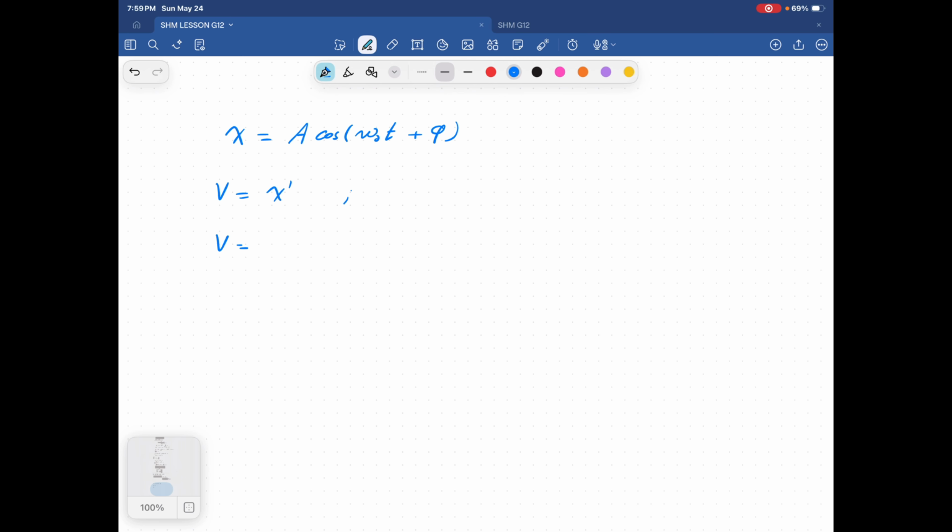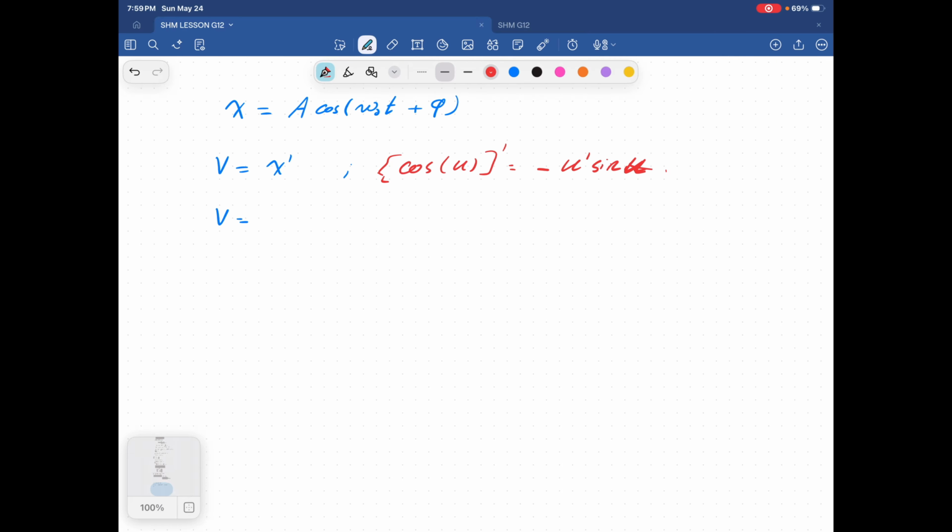A quick math refresh is that if you want to find the derivative of cosine u, it is simply equal to minus u prime sine u.